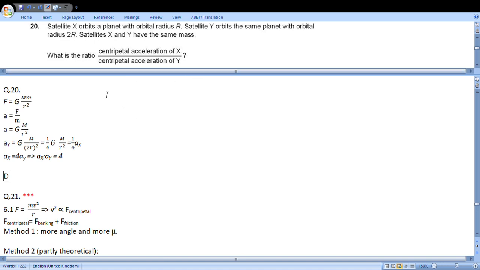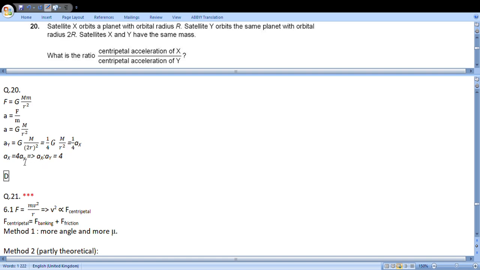Centripetal acceleration is created by gravitational force, so gravitational force is given by this formula. Acceleration is force over mass, so no mass. If we write the expression of acceleration at Y, then we change radius to 2r, radius of planet X, and we get 1/4 of the expression for acceleration at radius r, or aX.